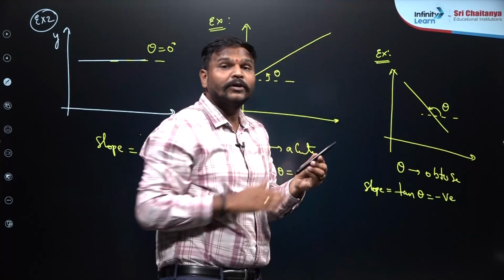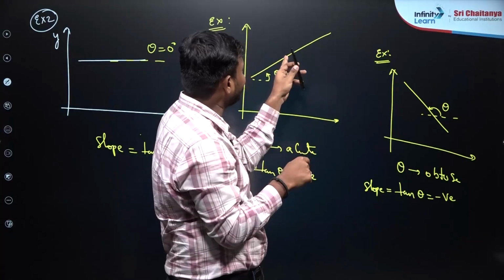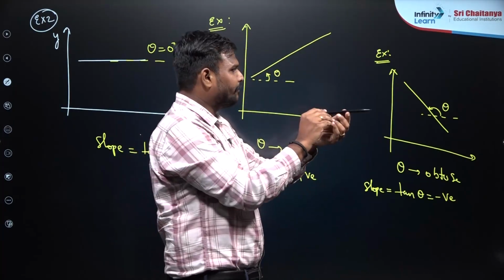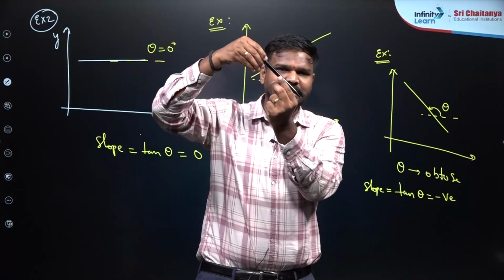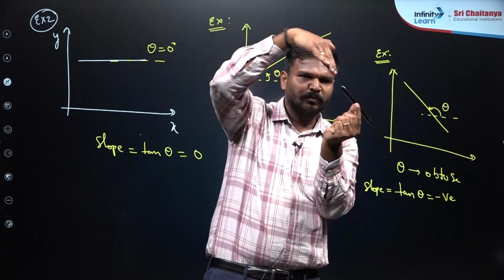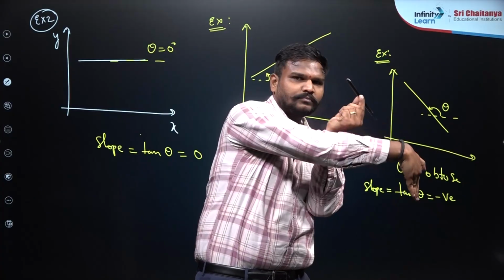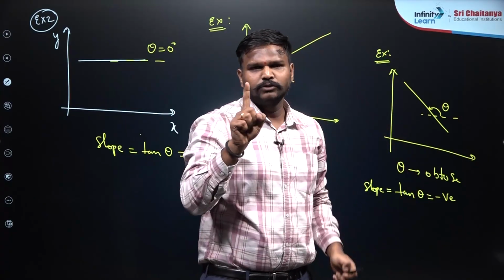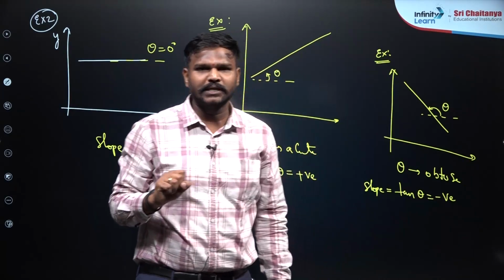And if it is a straight line, constant and positive. Now for example, you are riding a bicycle and the shape of the graph is like this. So what do you mean by that, sir? Negative slope.